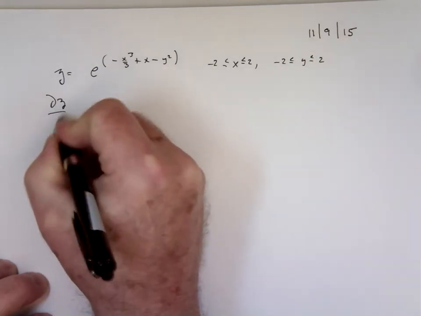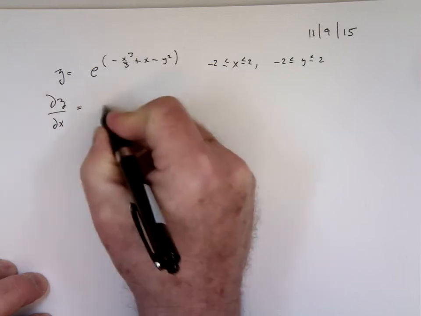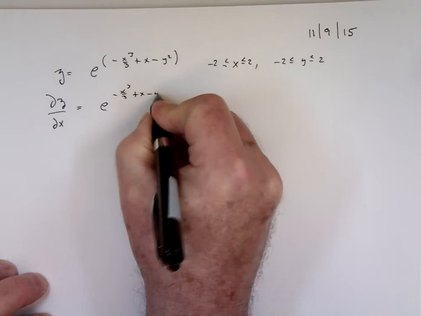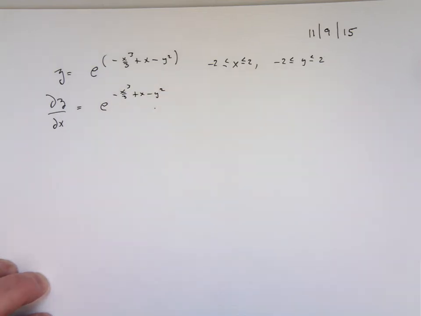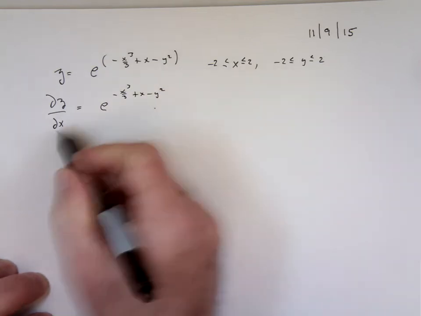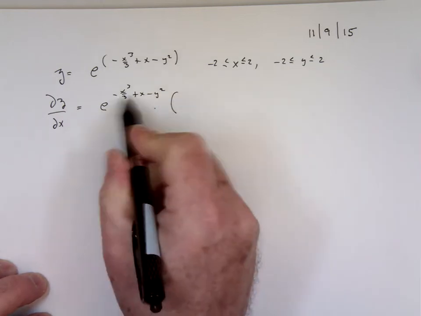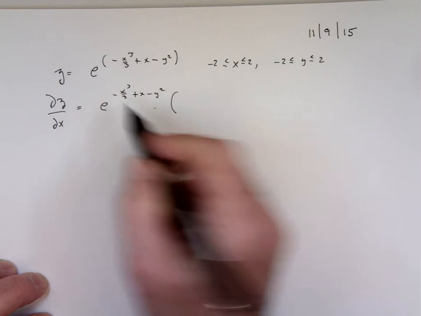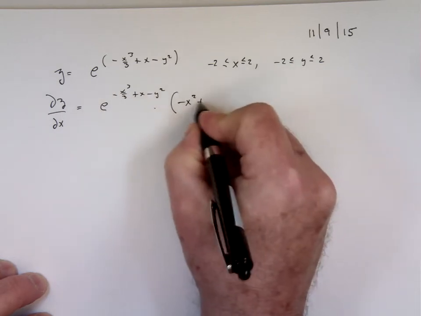And let's do the partials. E to the u form. So the partial derivative with respect to x, e to the u, du dx. The derivative of this with respect to x is negative x squared plus 1.